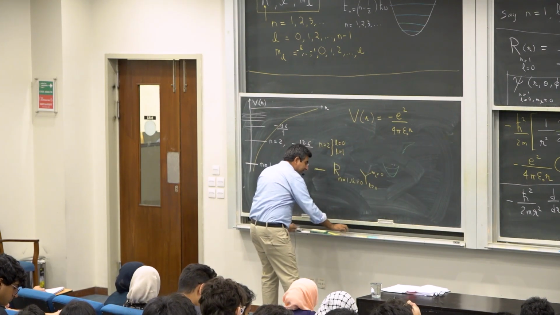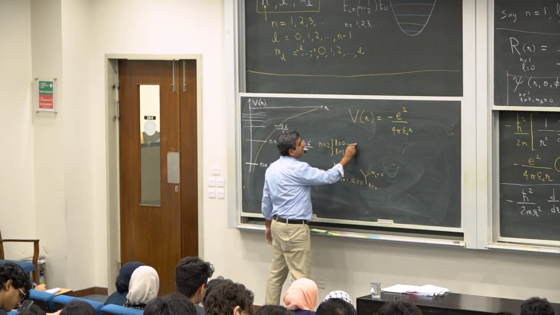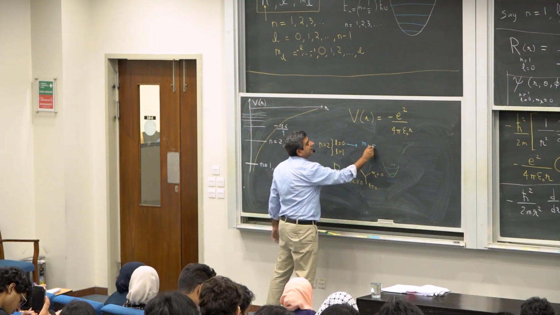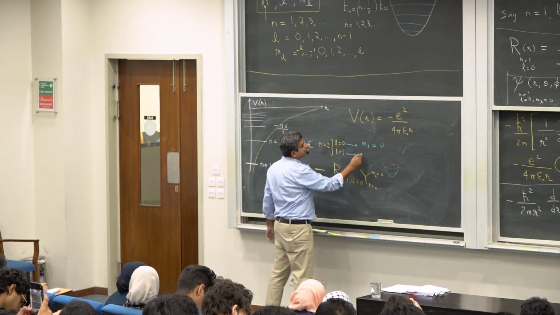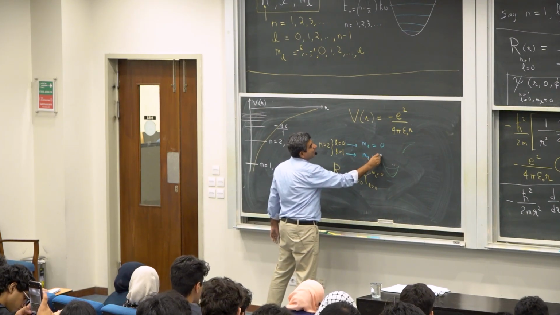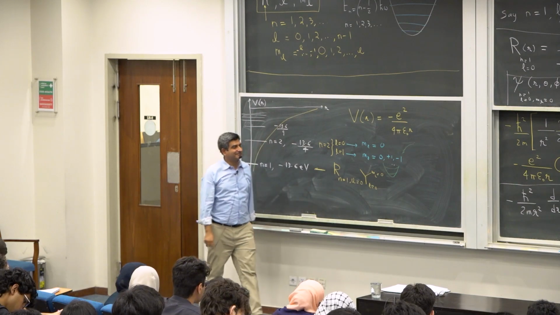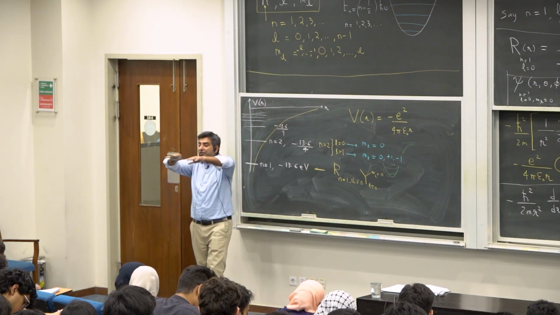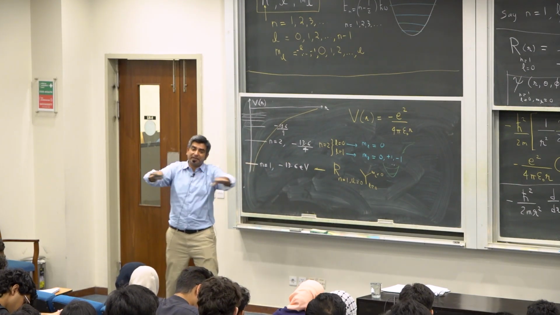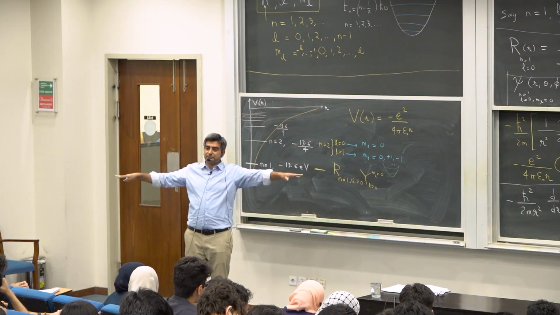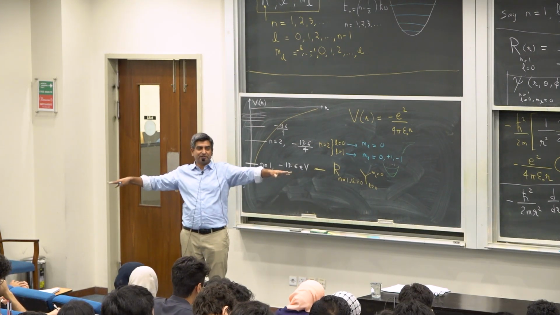When L equals 0, ML could be 0. When L equals 1, however, ML could be 0, plus 1, minus 1. So really there are 4 quantum states with the same energy.